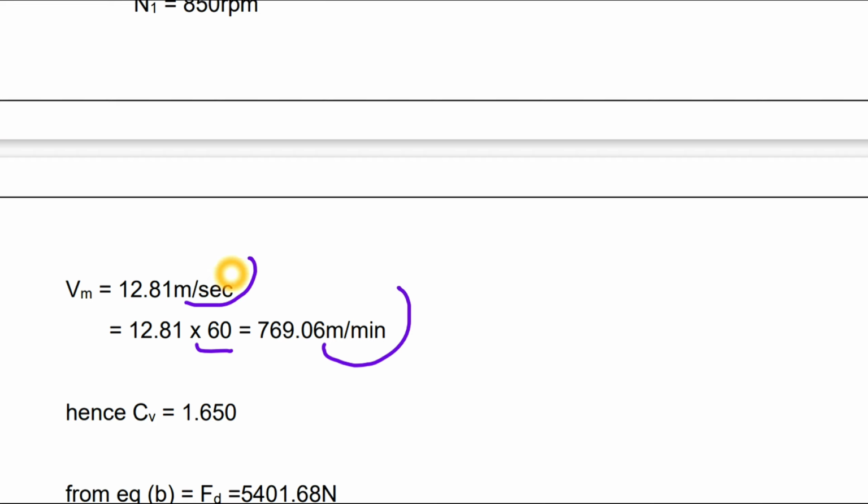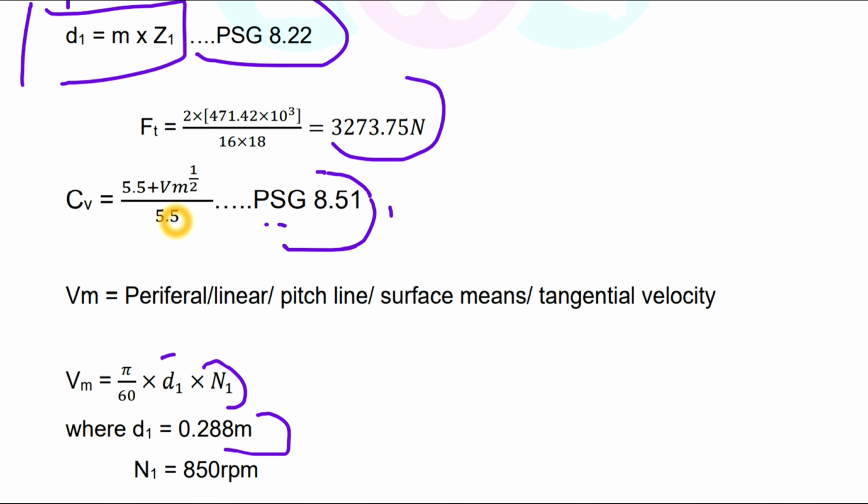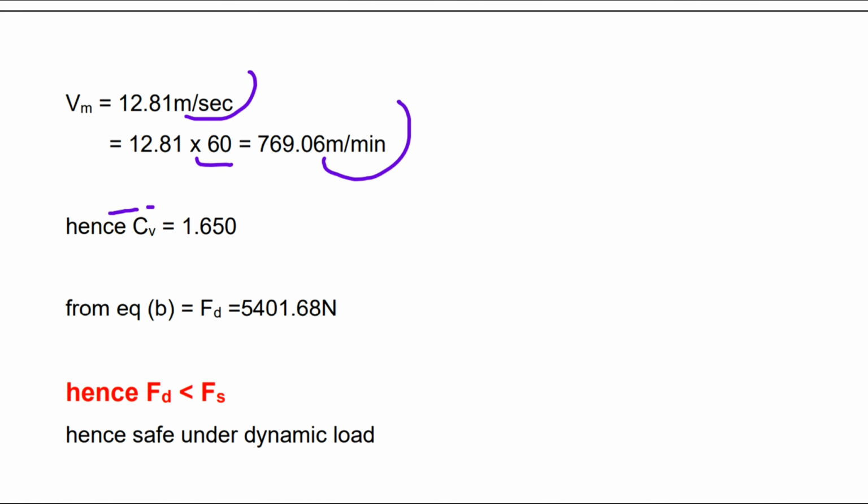We require both values, in seconds and in minutes, so note both because they will be used further. Now putting all the values in Cv, you will get the final value of Cv, which is 1.650.